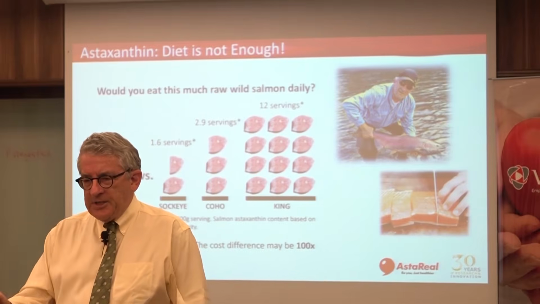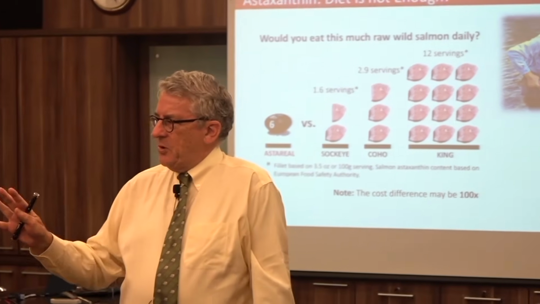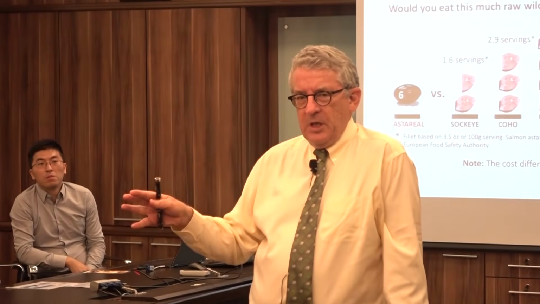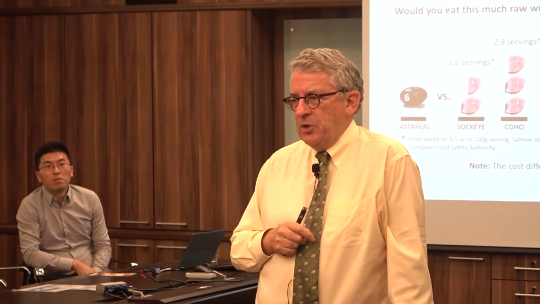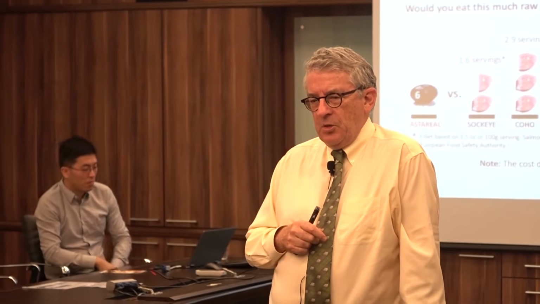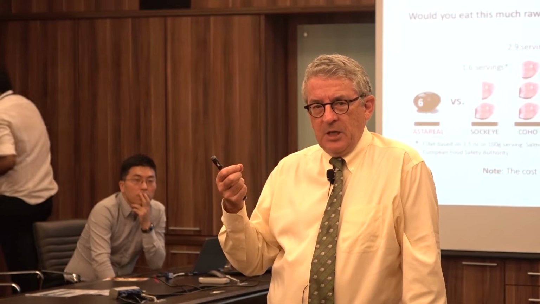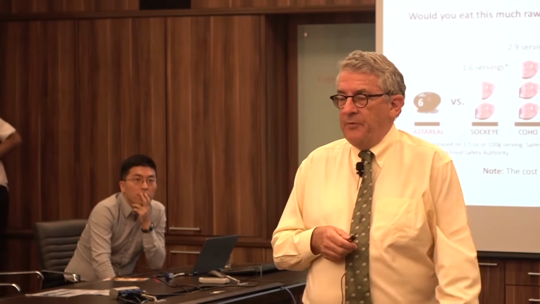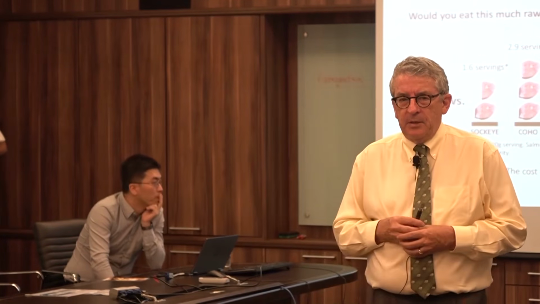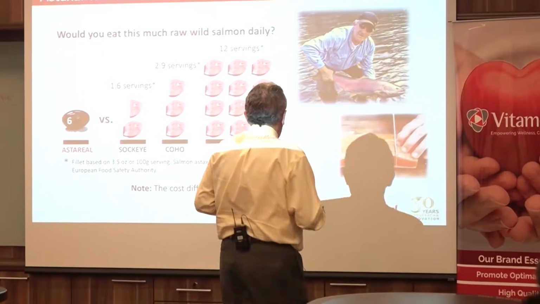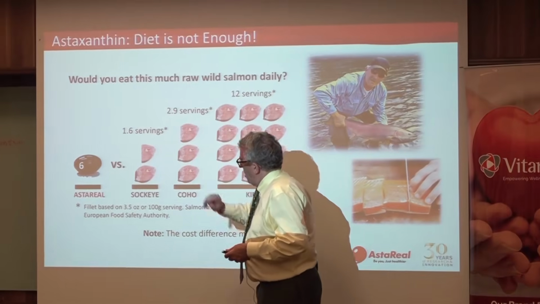Astaxanthin is a classic example of an absolutely brilliant natural product that you just can't get enough of in your diet. And as a result, what you need to do is really supplement in order to leverage the actions of astaxanthin. Some of the other forms of salmon have higher concentrations, coho salmon and sockeye.